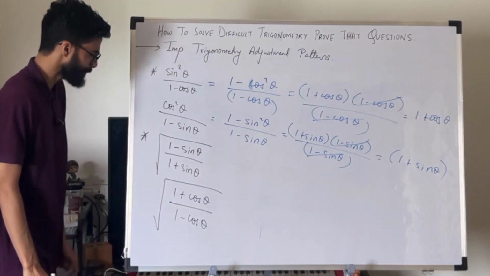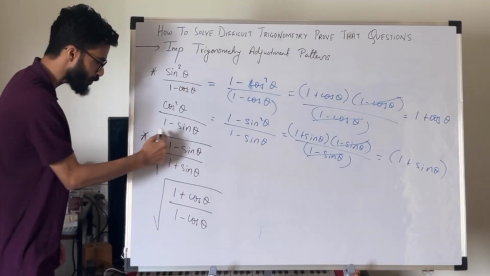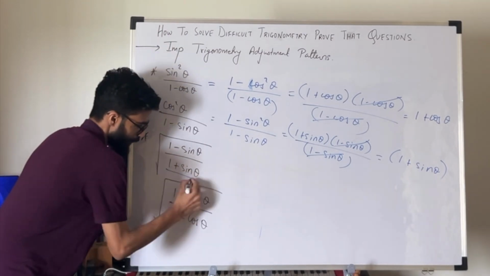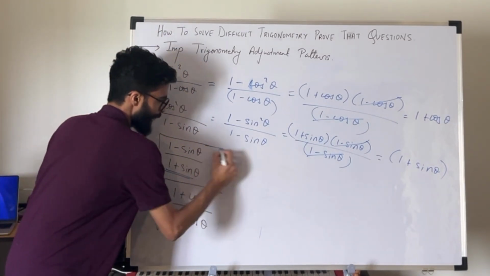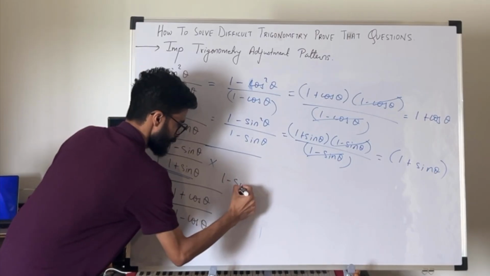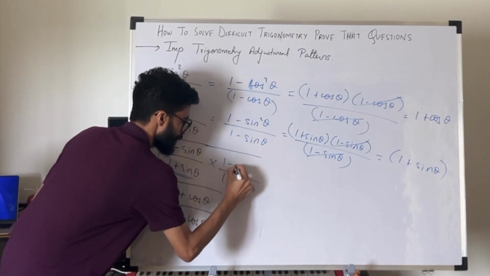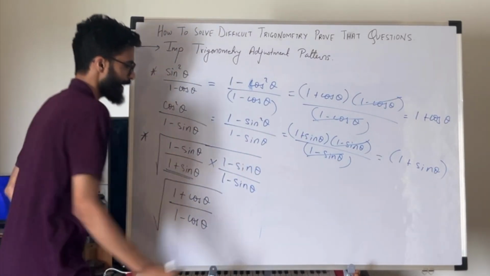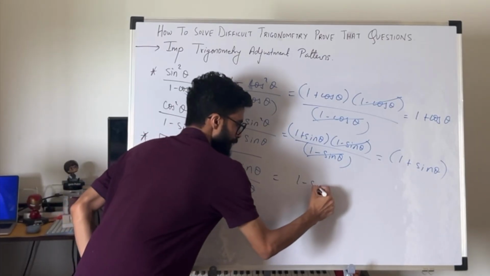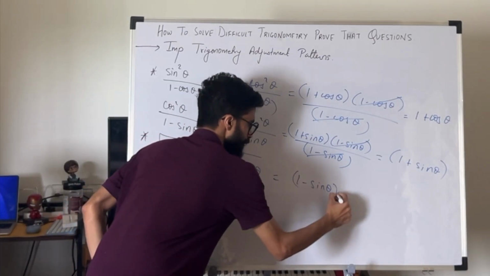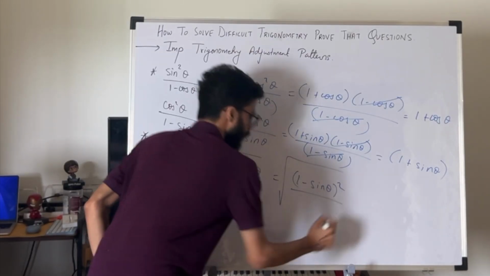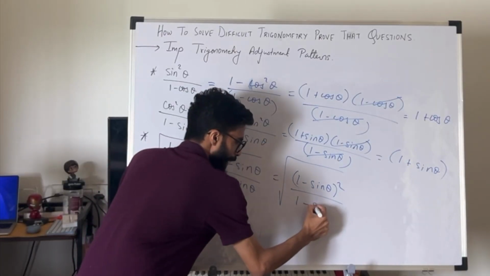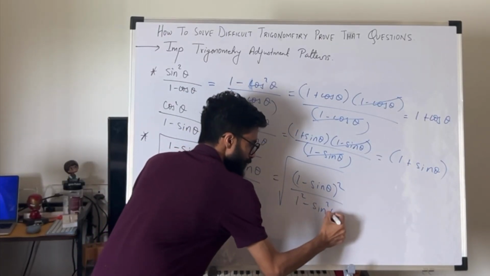Now for the second pattern, if I get this square root of 1 minus sin theta upon 1 plus sin theta, the conjugate of this we will multiply and divide. Now 1 minus sin theta into 1 minus sin theta is 1 minus sin theta whole square upon 1 plus sin theta into 1 minus sin theta is 1 minus sin square theta.